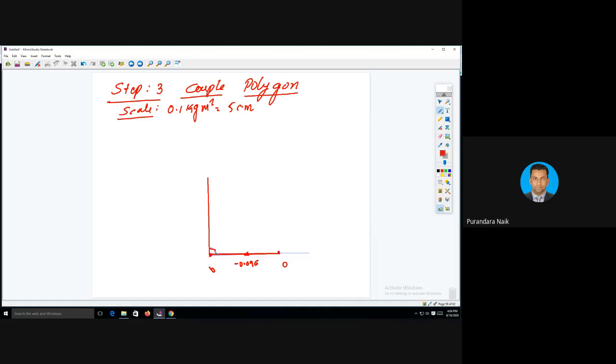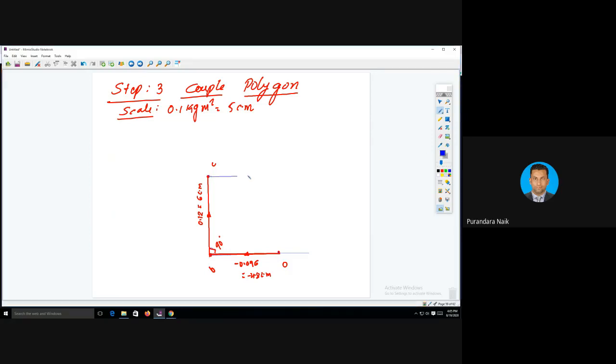Length is 6 centimeter, or 0.12. Once you reach this point, it is marked as point C. After reaching point C, you draw a reference line, the positive x-axis.